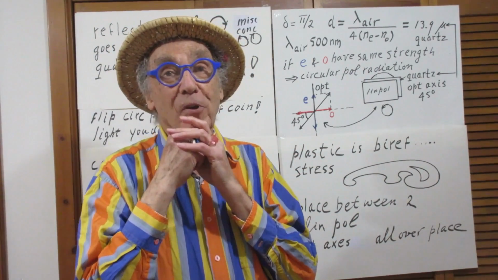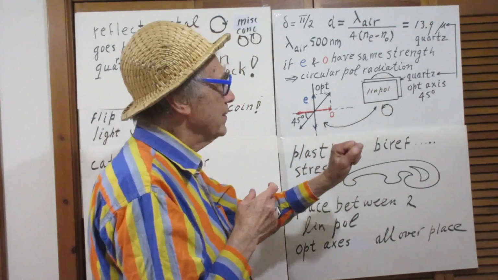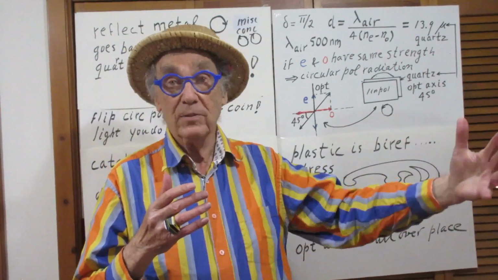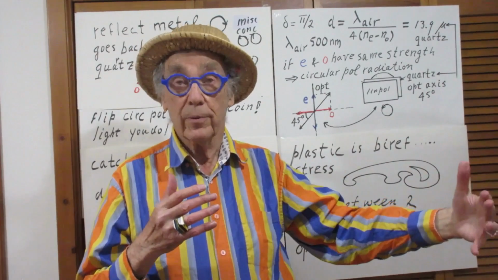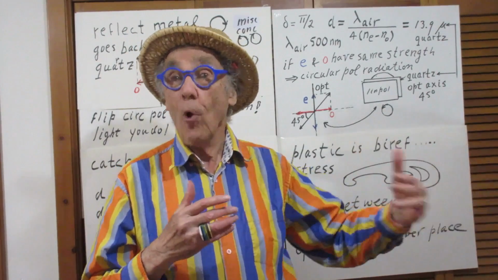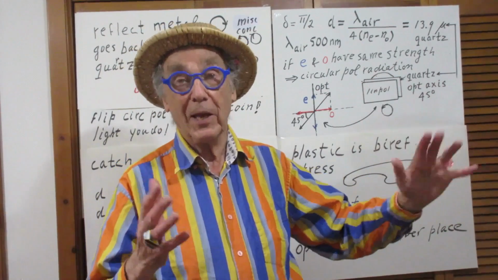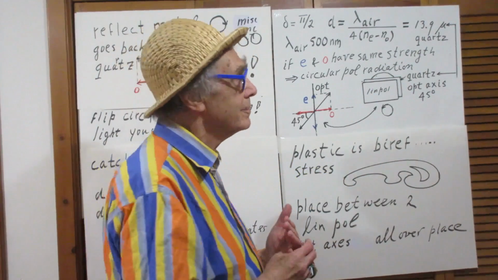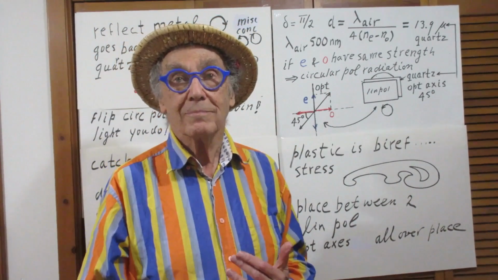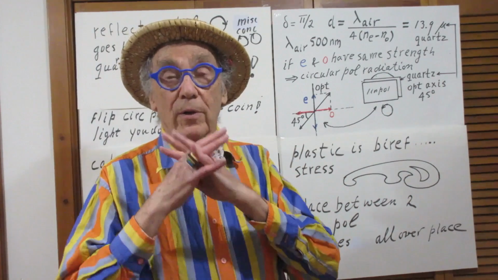All you create when you go into the coin, it first goes through the quarter wave plate, so the radiation goes through the quarter wave plate. Then it is going to be coming linearly polarized in a particular direction. Then it reflects, and then that linearly polarized light goes through the quartz plate.